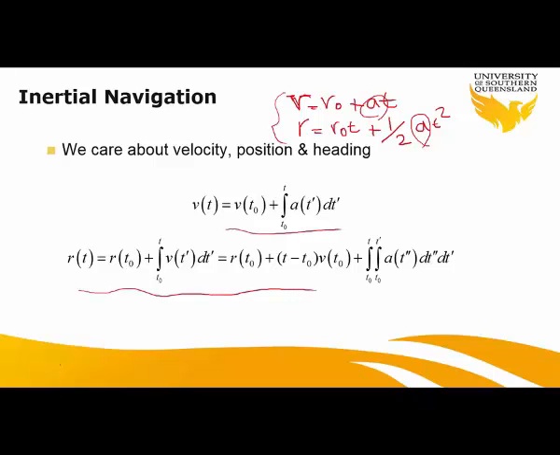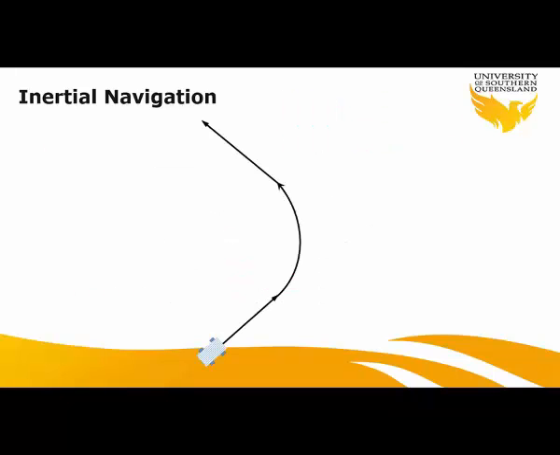This equation can be evaluated in each component, actually in three orthogonal dimensions, as we know, x, y, z. But just now imagine we are constrained to a two-dimensional plane, which is perpendicular to the gravity. So we only need to have two orthogonal accelerometers in the plane.